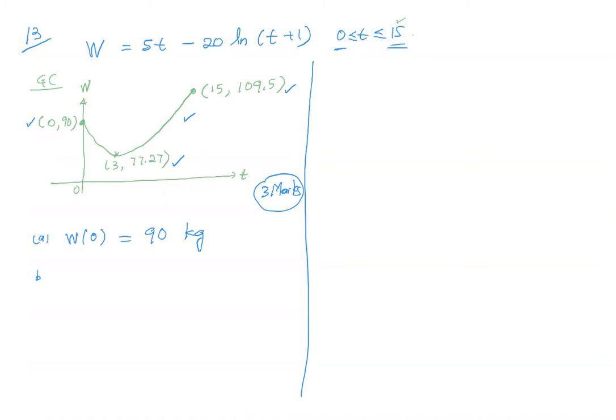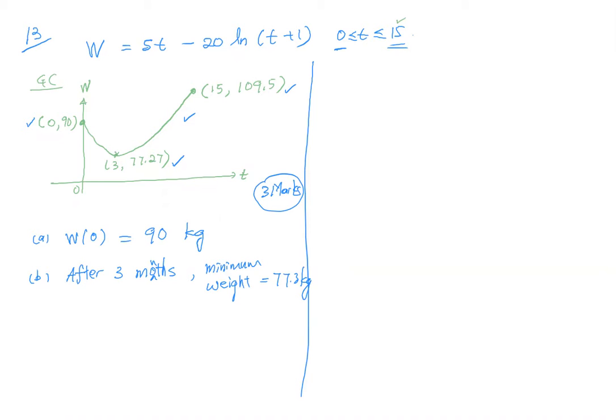So part B, after 3 months, the minimum weight is 77.3 kg.